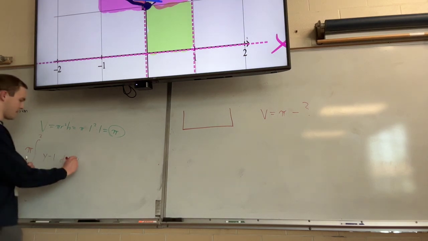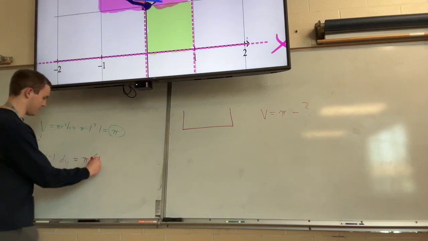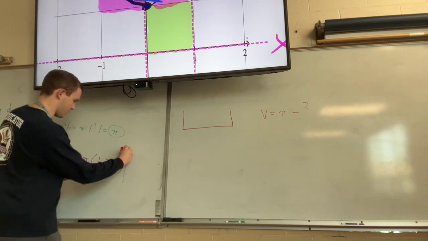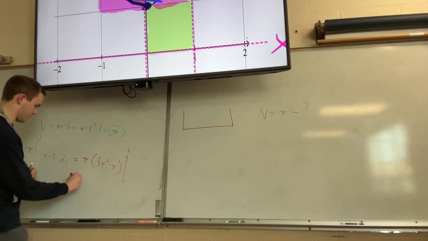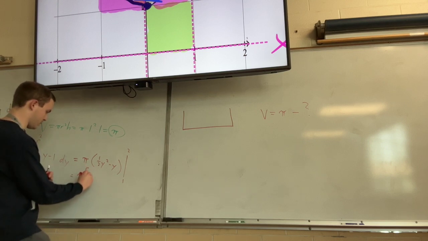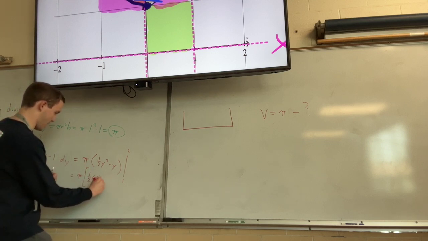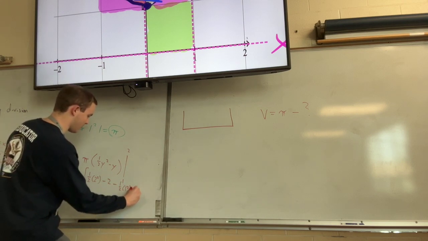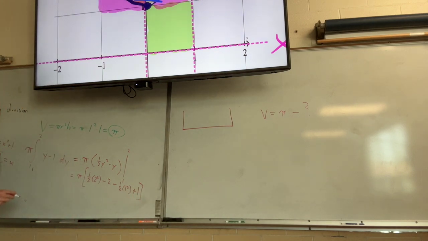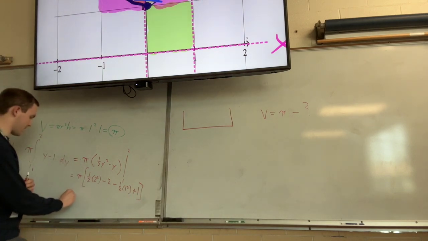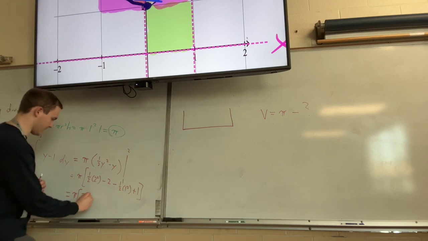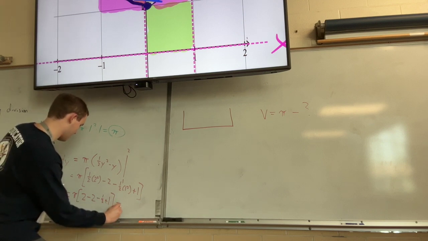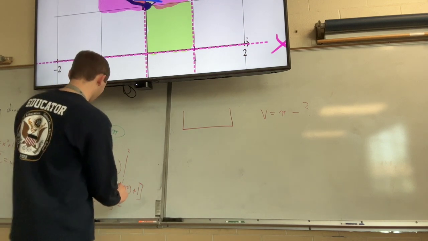So then it's pi times 1/2 y squared minus y from y equals 1 to 2, which is pi times 1/2 times 2 squared minus 2 minus 1/2 times 1 squared plus 1, which is pi times 2 minus 2 minus 1/2 plus 1, which is pi over 2.